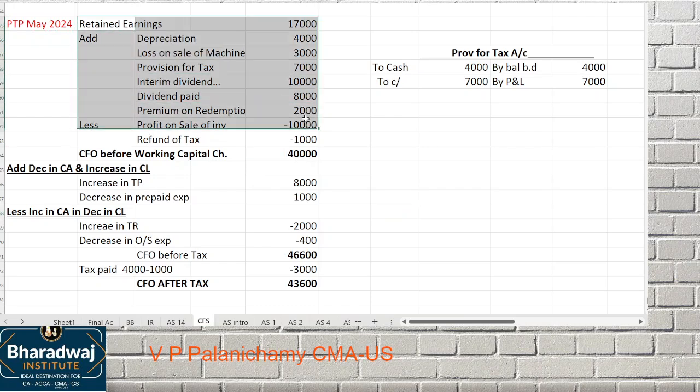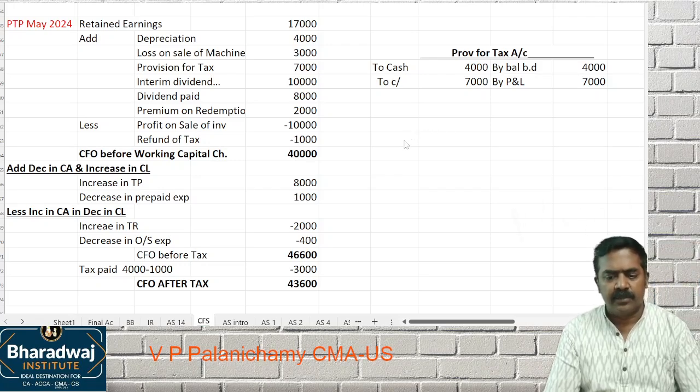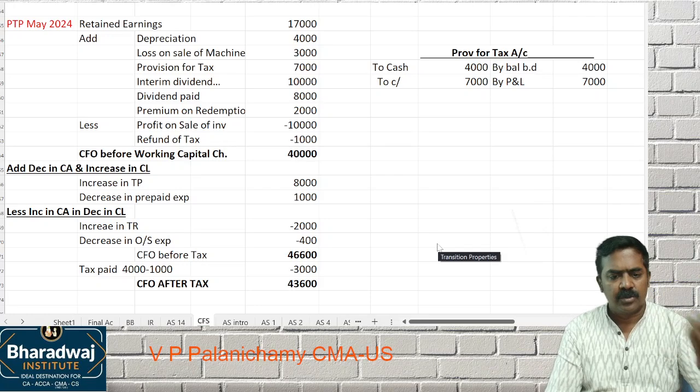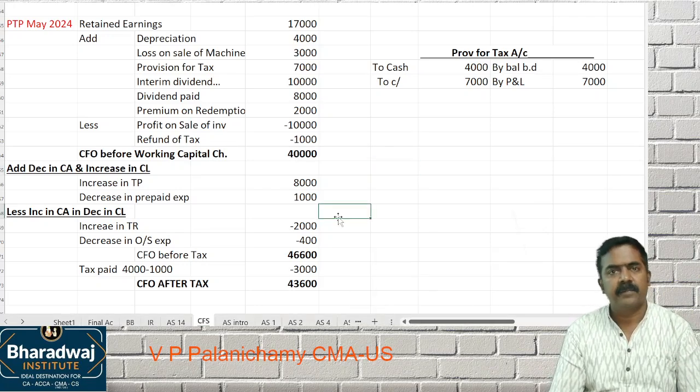Please remember, we add back all these items because they were charged in P&L account. We add back to get cash from which activity? Operating activity. We eliminate those items because those are credited to P&L account, to get the cash from operating activity.